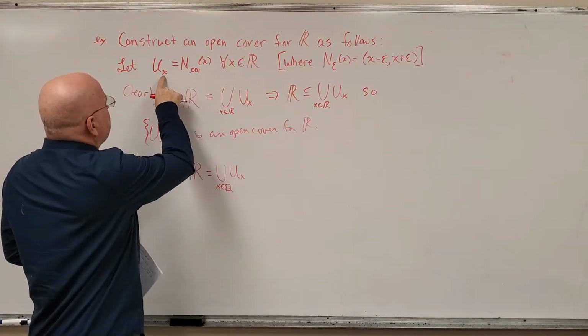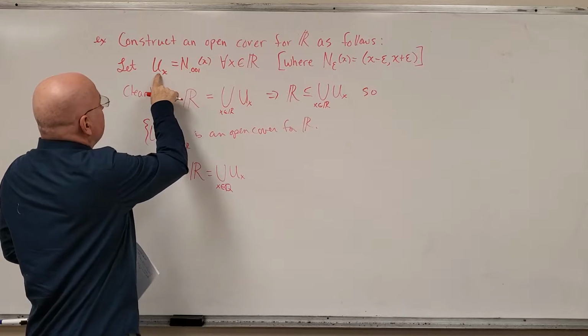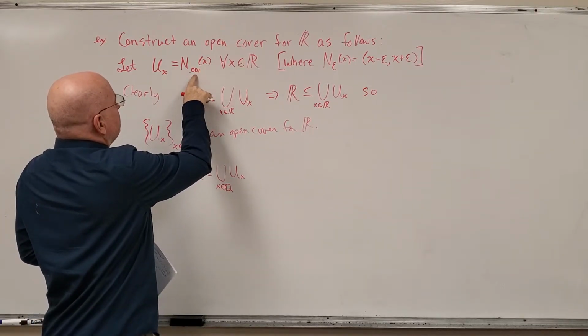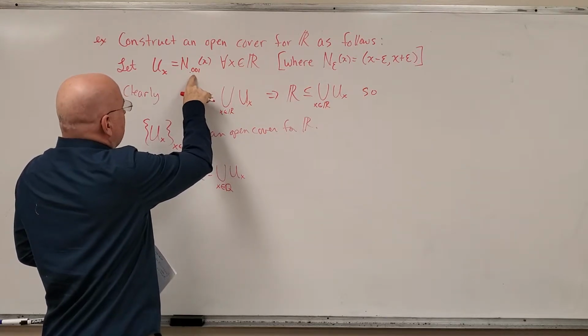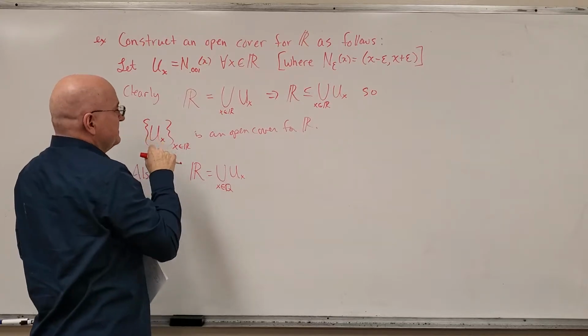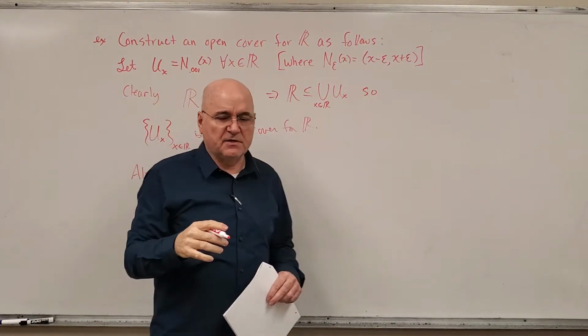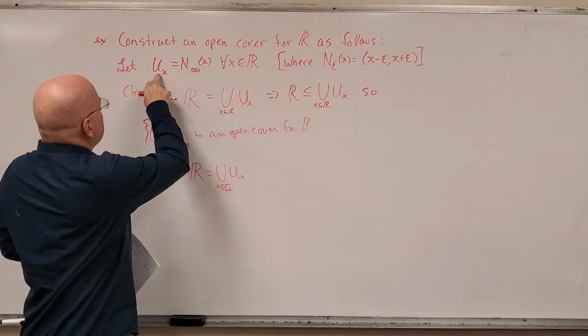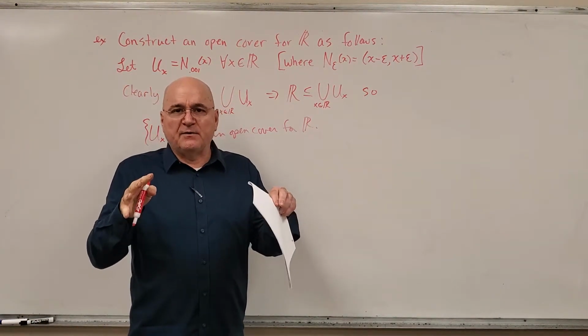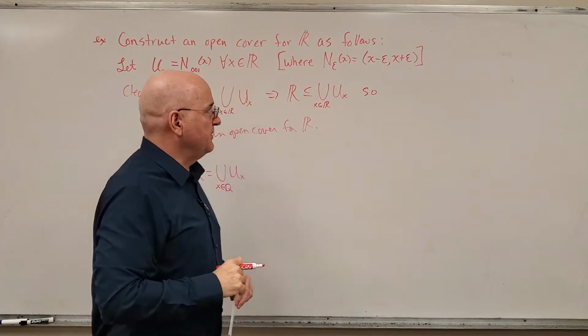So basically, again, going back to U0, U0 is the neighborhood centered at 0, and epsilon, so it'd be 0 plus 0.001, 0 minus 0.001. So for U0, the interval would be negative 1,000th to positive 1,000th.